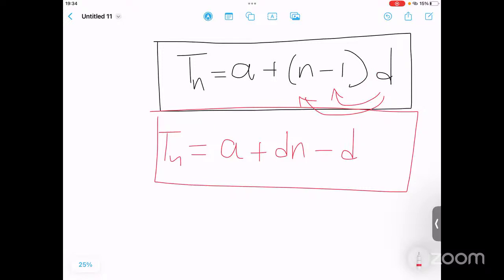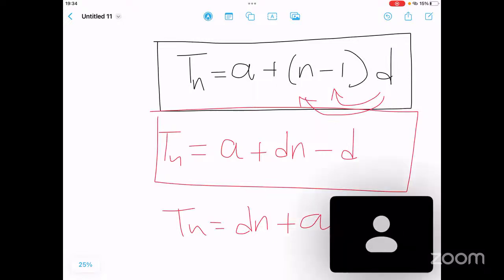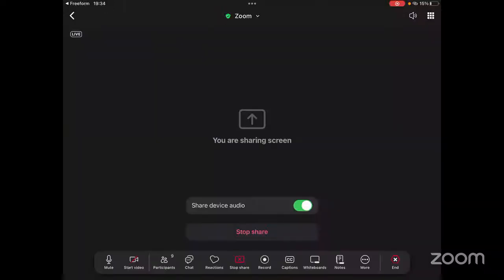So if you check yours, I think you said Tn is equals to, you said Dn plus A, I think, or something of that nature. So the minus D is not there.